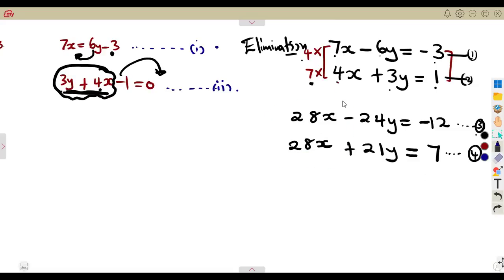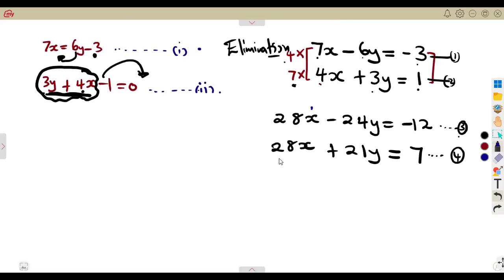To eliminate is to remove that x, to get rid of that x, to remove it from our equation. We do not want x. So how are we going to eliminate x? Are we going to add these two, or are we going to subtract? If we check, we are going to subtract. If we add, it is not going to work. It is not going to eliminate x, but 28 minus 28, that's a 0.